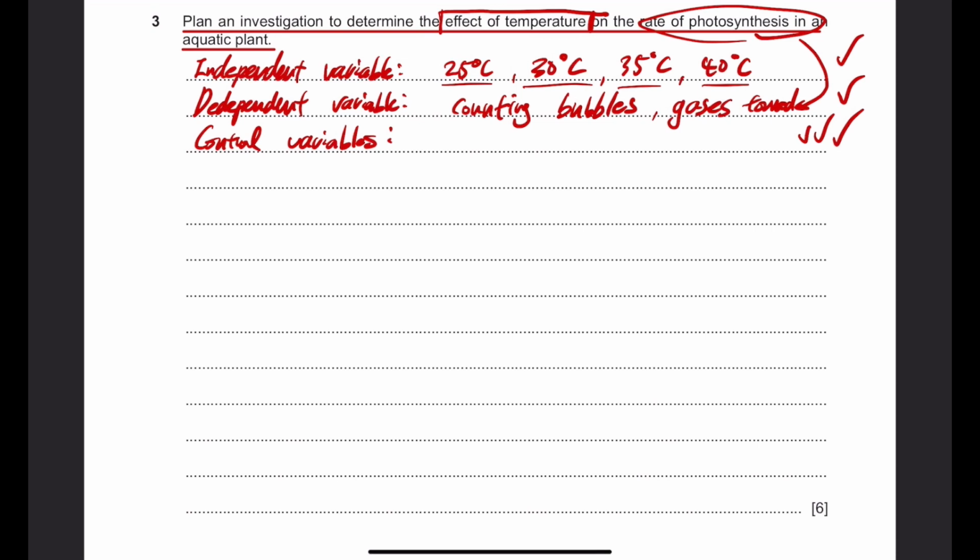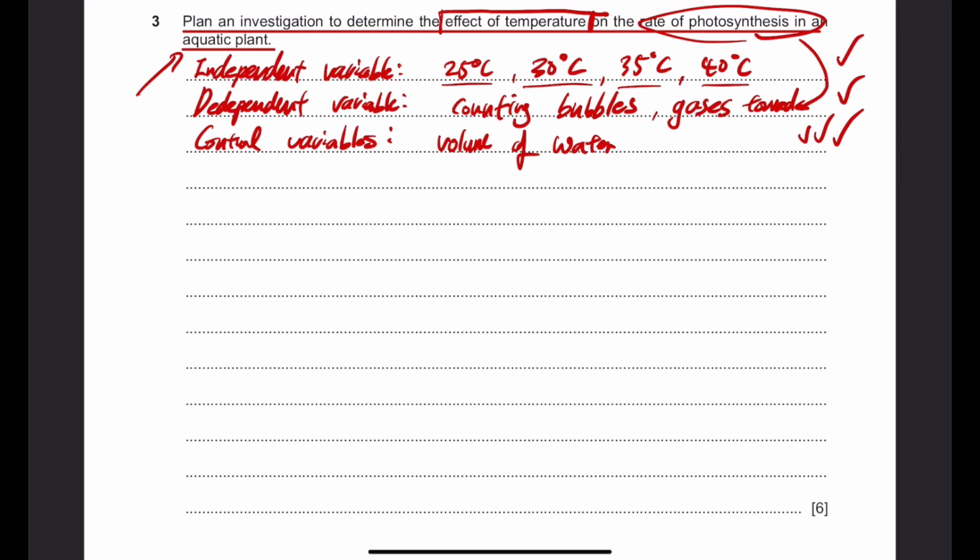Since we're actually using the temperature here, the easiest way to figure out the control variables is, of course, volume. We're using aquatic plants, so the plants should be in water. So the volume of water should be controlled. They have to be kept constant.